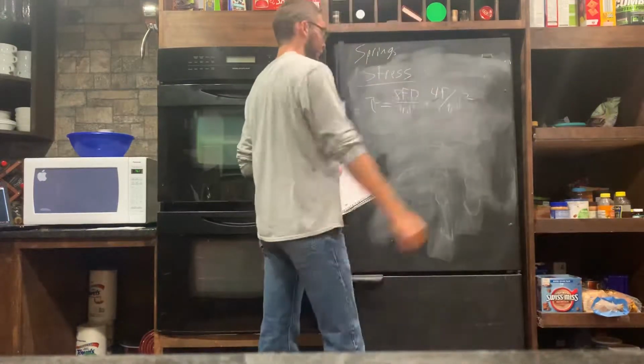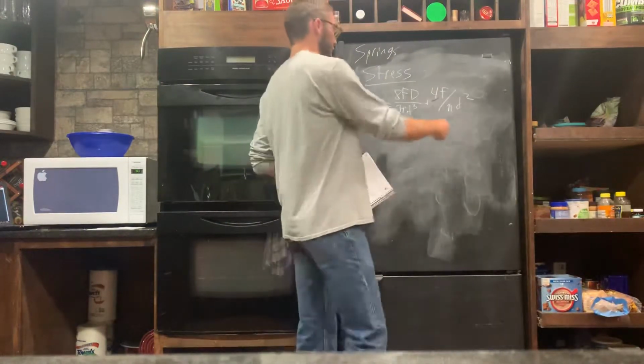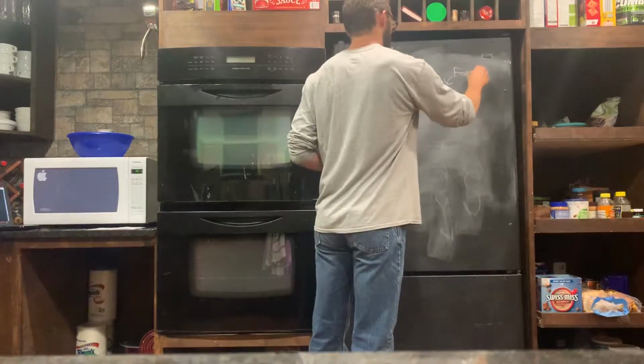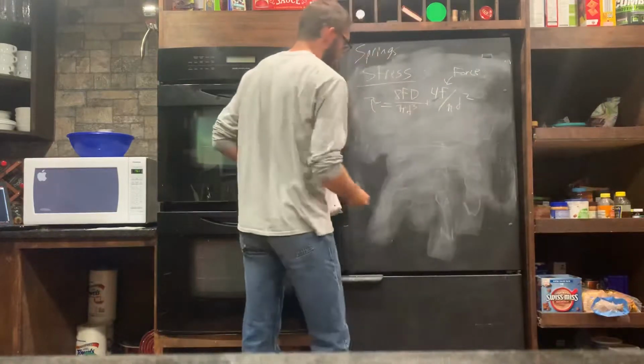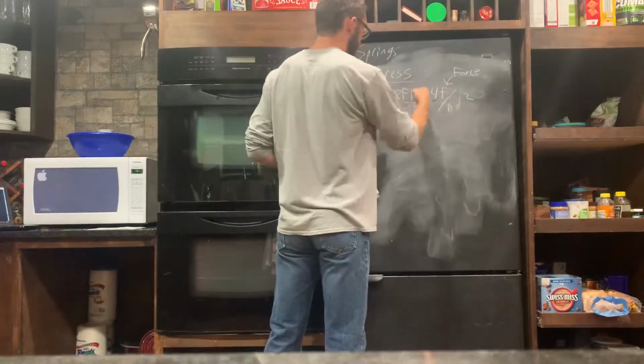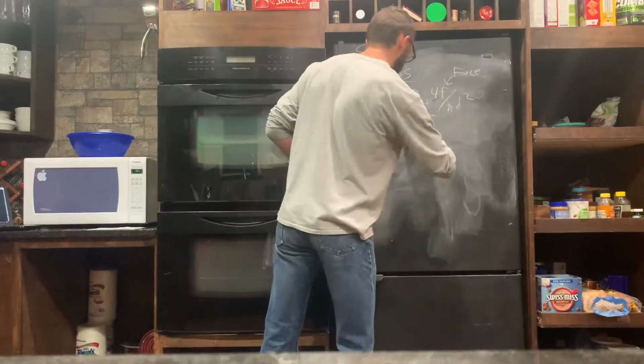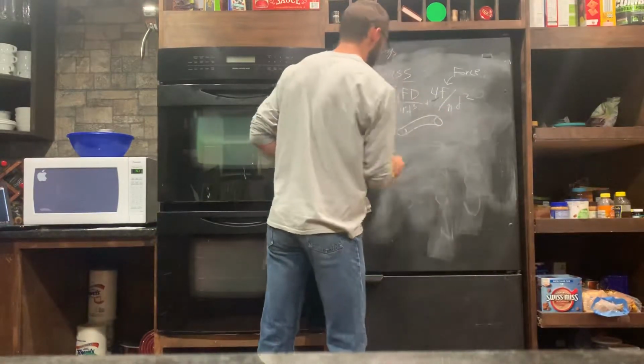Okay, so we have a lot of variables here that we don't know what they mean. Well, we can just assume that F is the force applied to the spring. And now we have big D and little d. So for this, we're going to draw it out.